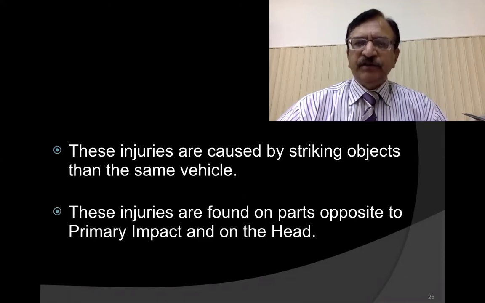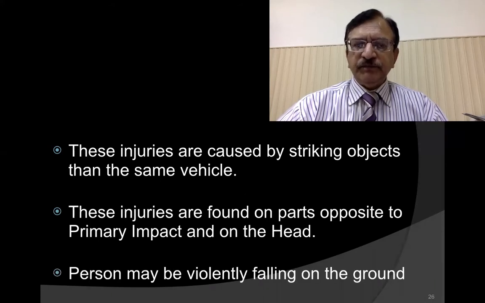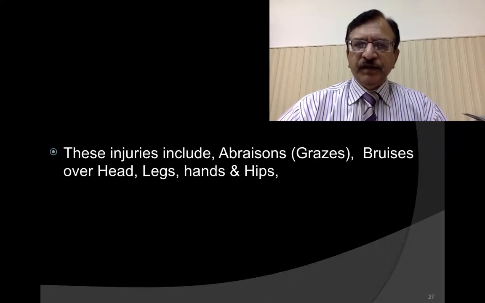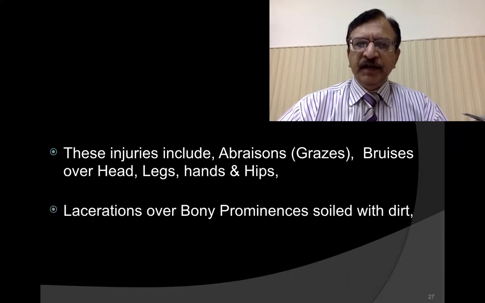These injuries are found on the side opposite to the primary impact. The person may fall violently on the ground, and these injuries include abrasions and bruises over the head, legs, hands and hips, and lacerations over the bony prominences with dirt and swelling.